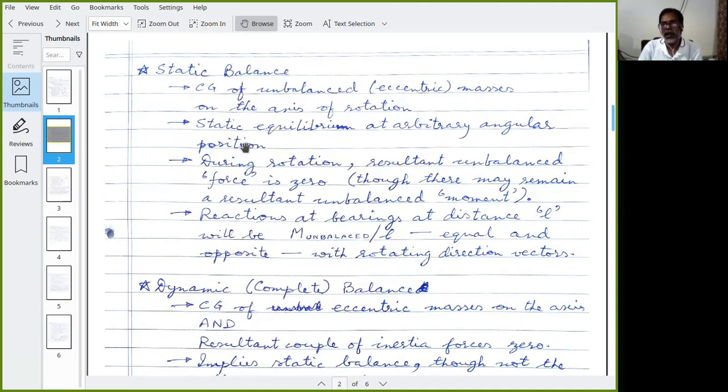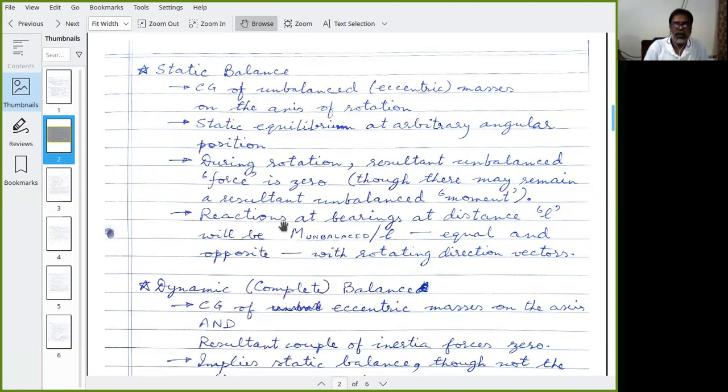Now, during rotation, what happens? During rotation, all the resultant unbalanced forces will balance together. That will be zero. However, there may be a resultant unbalanced moment, what we were just talking about. In that case, the reactions at the two bearings, I'm assuming that there are two bearings, not more.